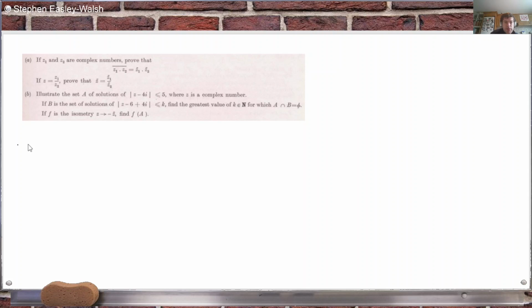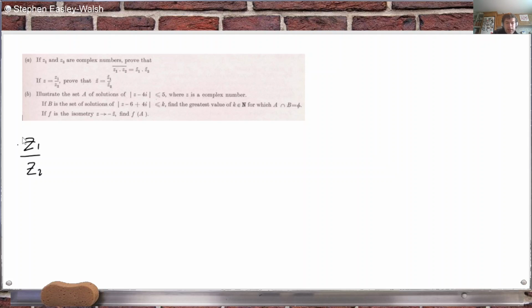You want to prove that the conjugate, so Z is Z1 over Z2. The reason they write it like this is a little bit unclear if you just put the conjugate on the top, but what they're trying to say is if you conjugate Z1 over Z2, it's the same as the conjugate of Z1 over the conjugate of Z2.